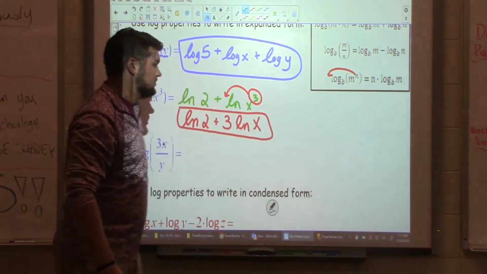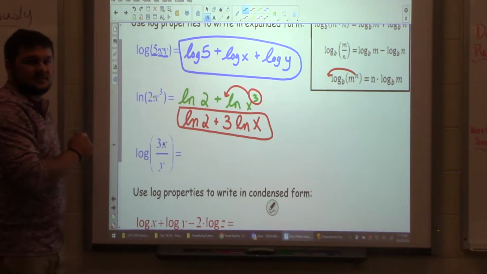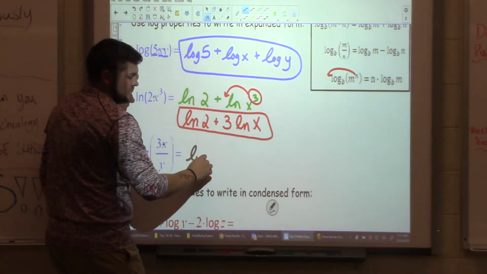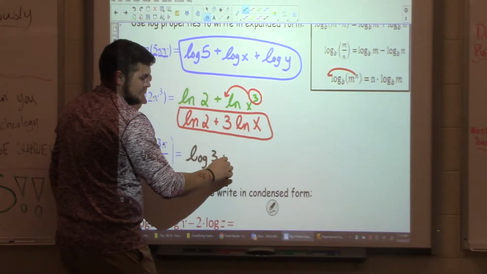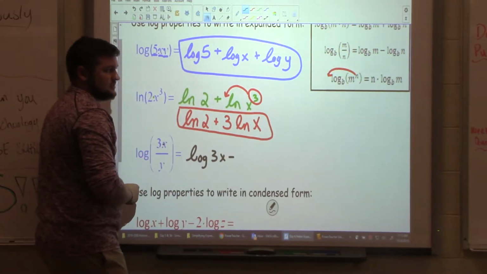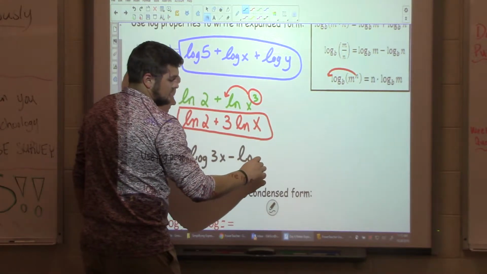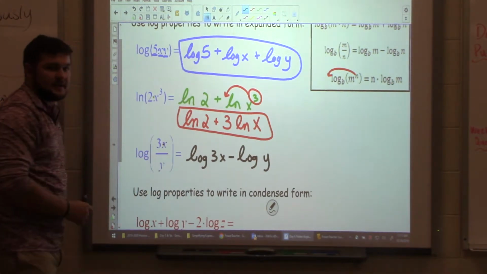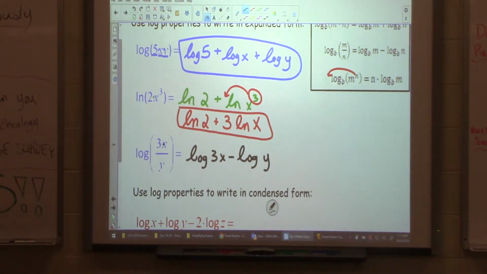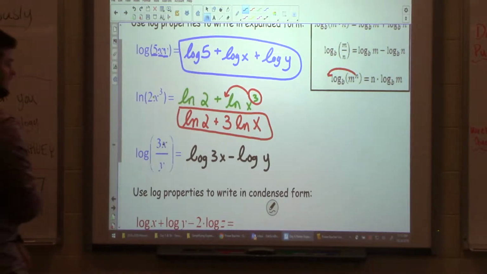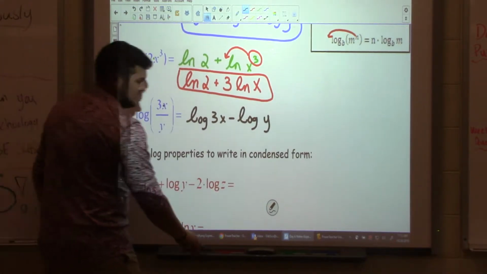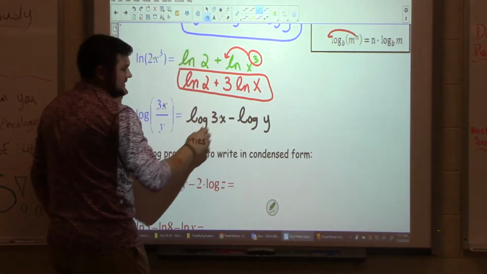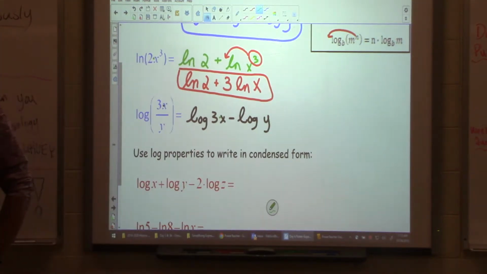So I'm going to take my numerator, which will always be listed first, log of 3x minus log of y, right? My numerator minus my denominator. Then I said I had multiplication. So my multiplication is also going to turn into addition. I need to expand it completely.